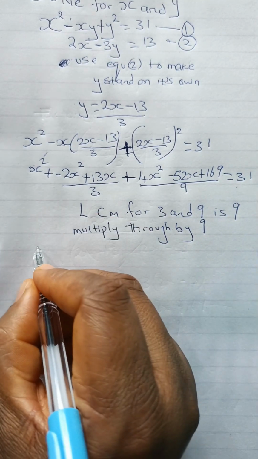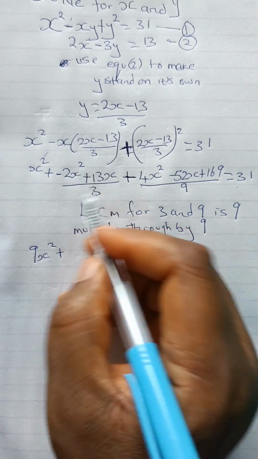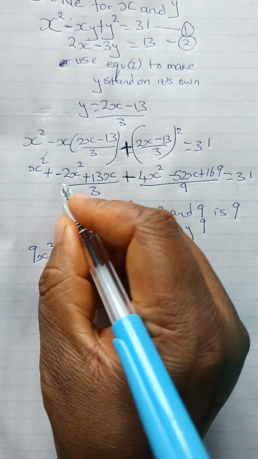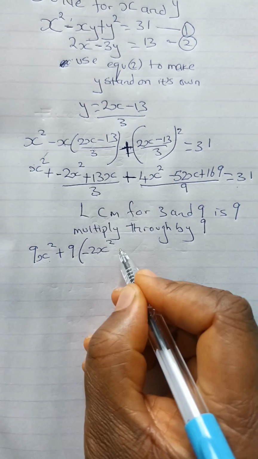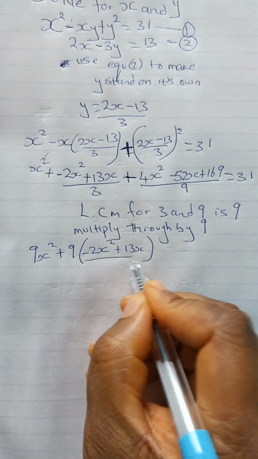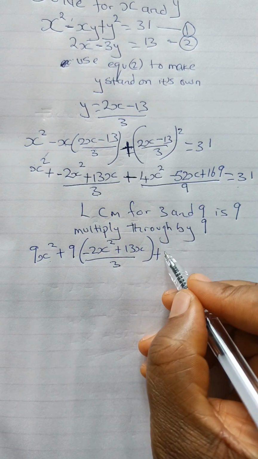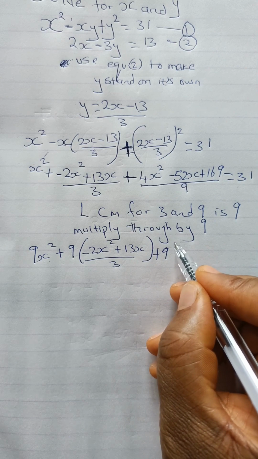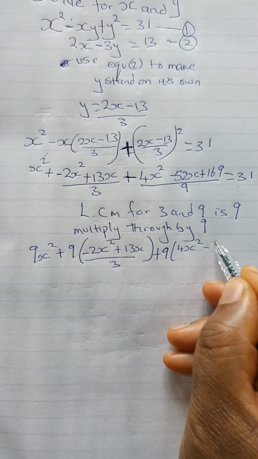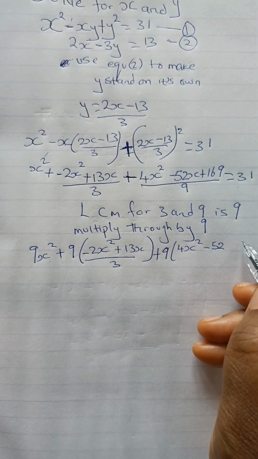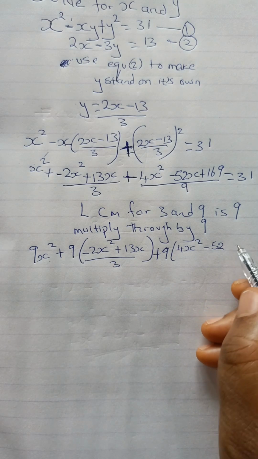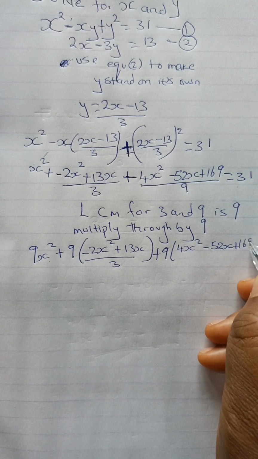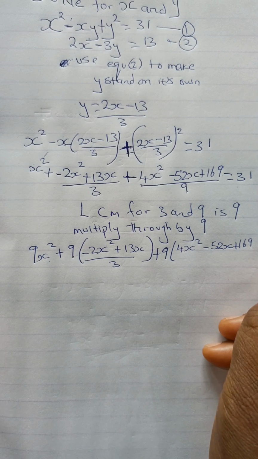So 9 times this will be 9x squared, plus 9 will also multiply this, minus 2x squared plus 13x over 3, plus 9 will also multiply this, which will be 4x squared minus 52x plus 169 equal to 31.